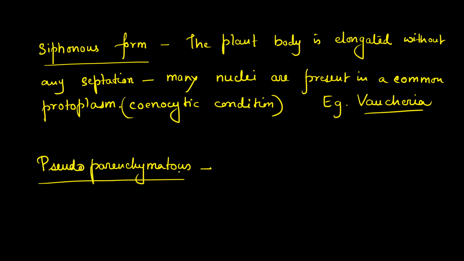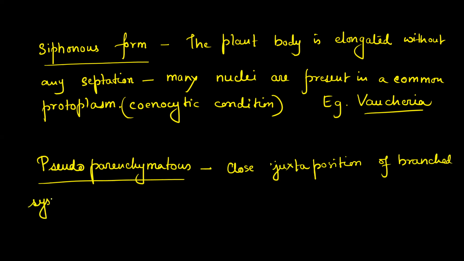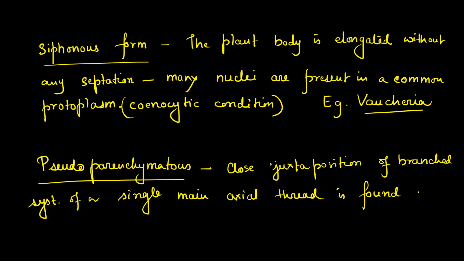So let's write: close juxtaposition of branched system of a single main axial thread is found to form a thallus.